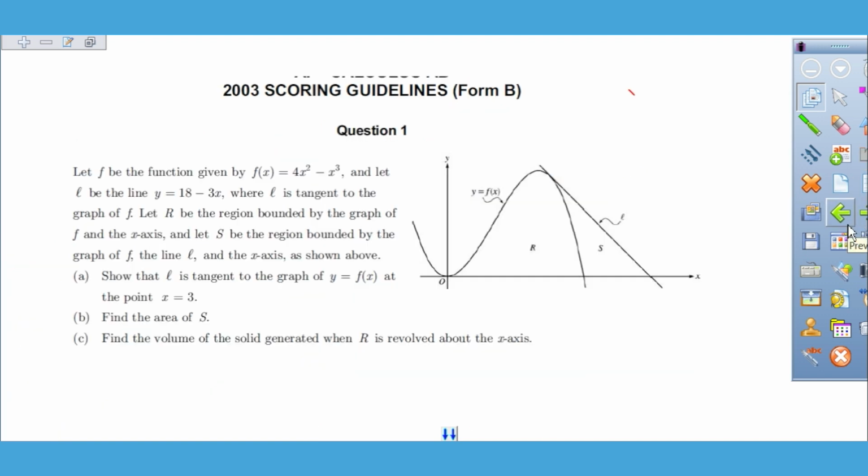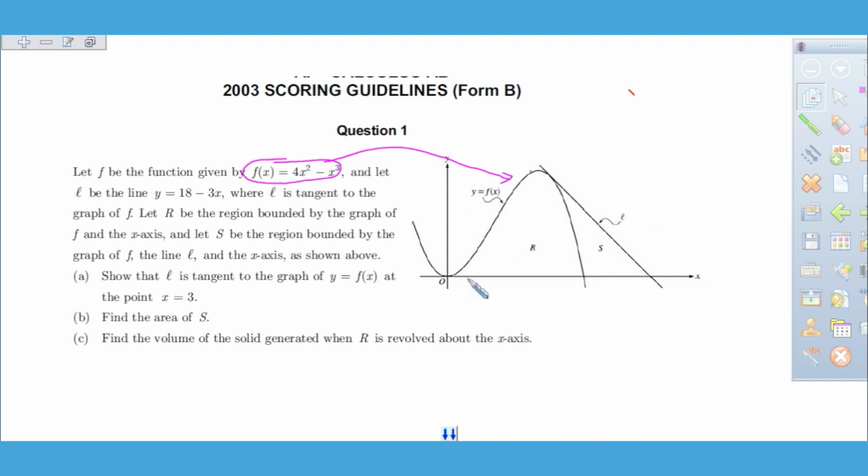I'd like for us to look at this problem conceptually, and then in the next video, we're actually going to work it and get the calculator out and do all that. But I just want you to conceptually understand this. All right? It says, let f be the function given by that. So this little guy right here is that function, that polynomial.